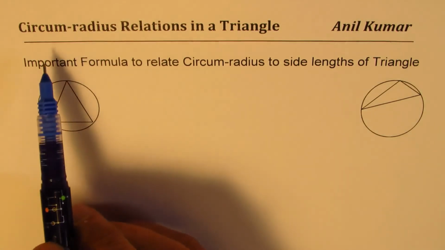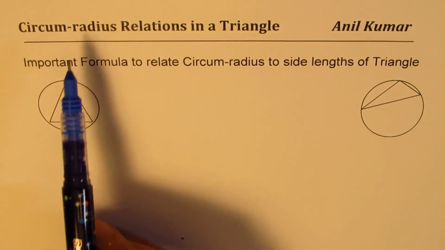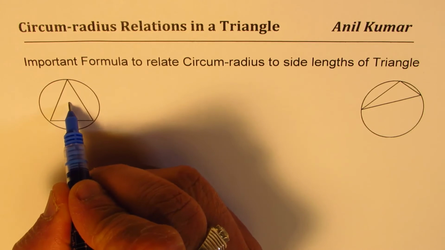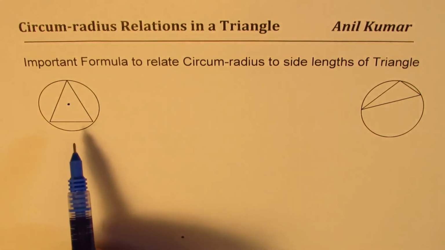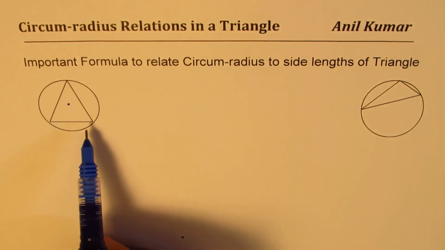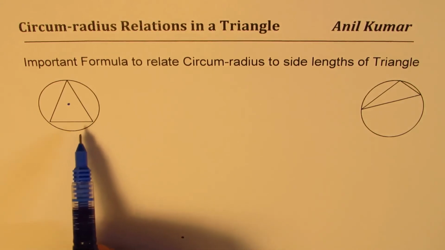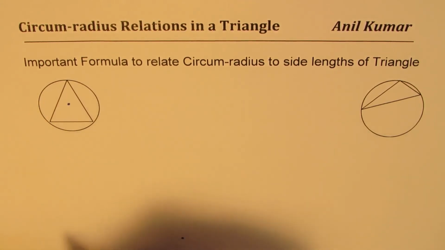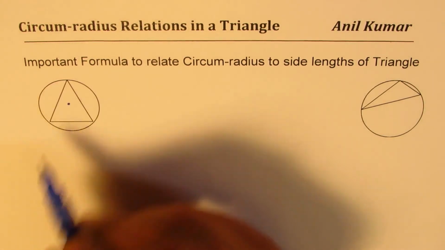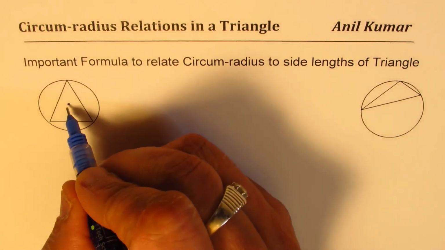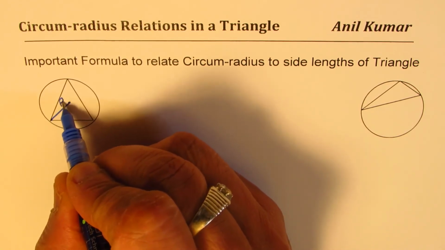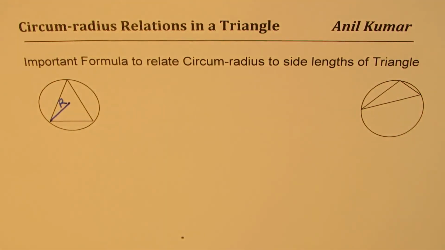So when we say circumradius, we basically mean that we are trying to find the radius of a circle in which we could inscribe a triangle, or the circle is circumscribed on a triangle. So let us assume that this is a triangle, and here we have a circle of radius, let's say capital R, which circumscribes.